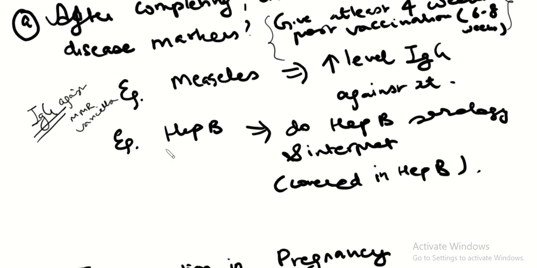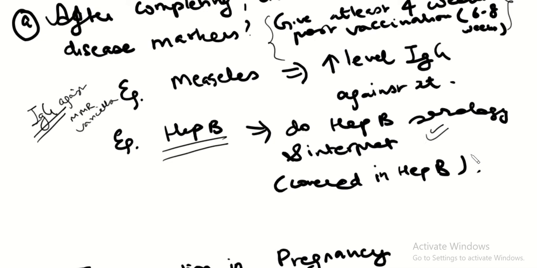Sometimes diseases have their own serology as well. Most of them, IgGs are good, but there are some exceptions like hepatitis B, where hepatitis B has its own serology, and one has to interpret it to know whether the immunization has worked or not.